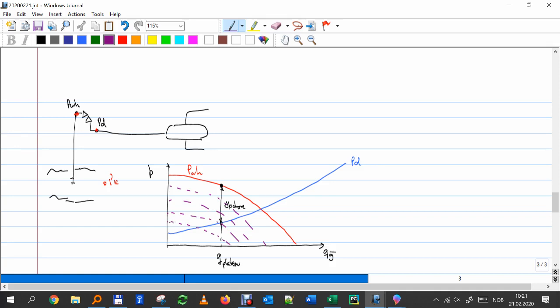So when I have a choke, when delta P of the choke is positive, that means I can almost always find a way to bridge that energy. It is always possible. So let's write it like that.